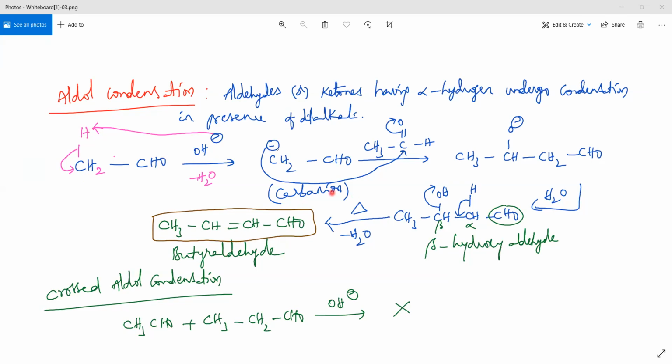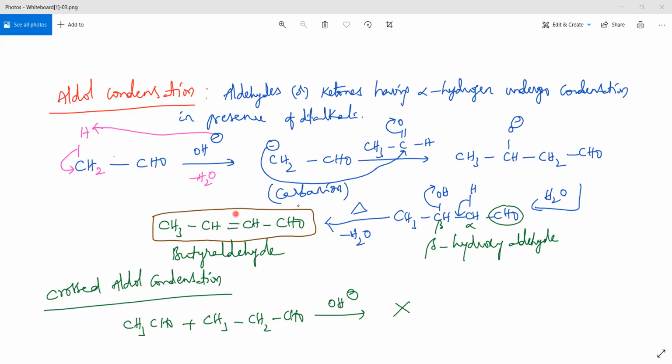Now this carbanion will attack the carbonyl carbon of another aldehyde, so we get O minus here. Followed by hydrolysis, O minus becomes OH. And upon heating, H plus and OH minus are eliminated, leaving a double bond.